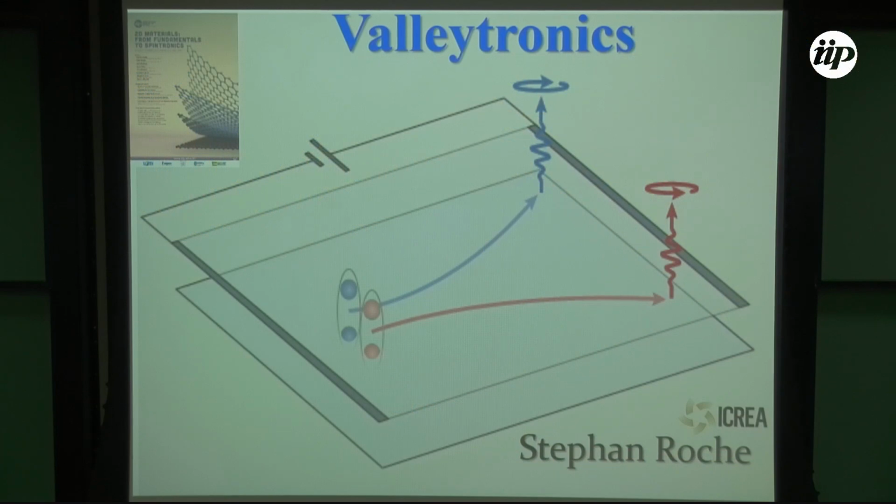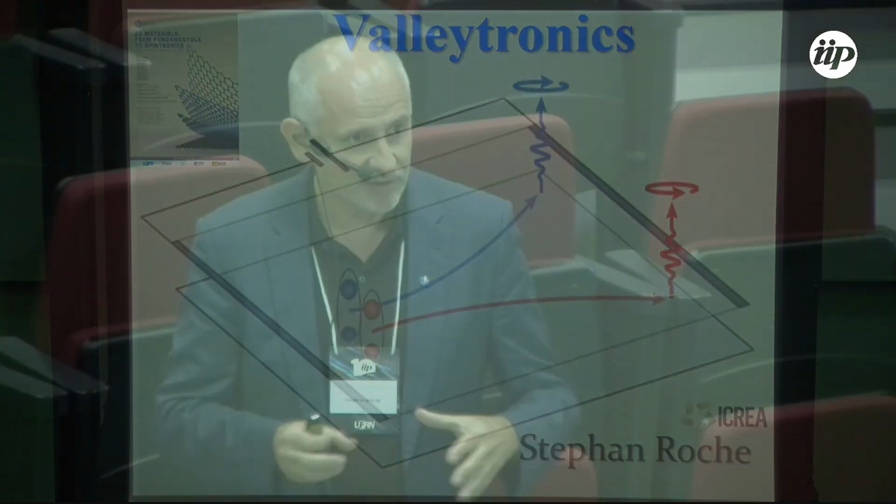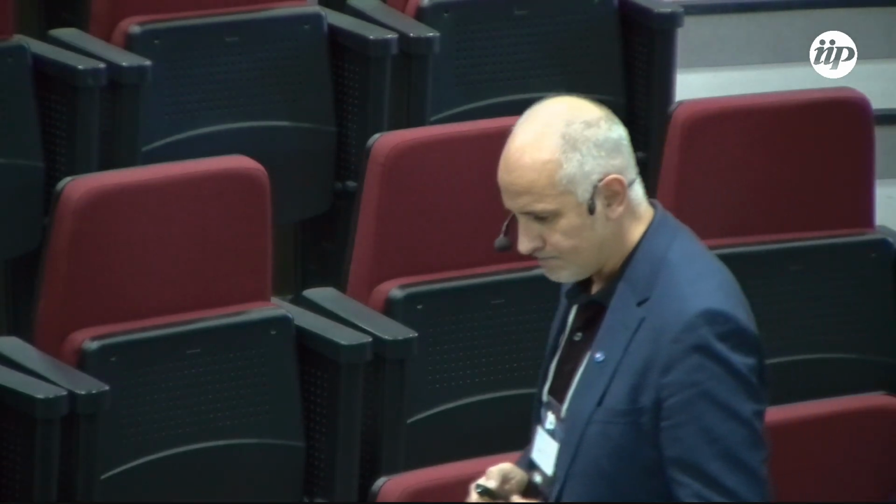So what I want to try now is to connect with these additional degrees of freedom that we have in this two-dimensional material, and that gives rise to this Valleytronic phenomenon.